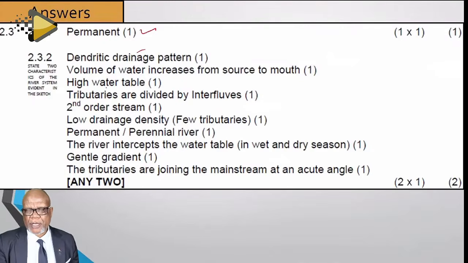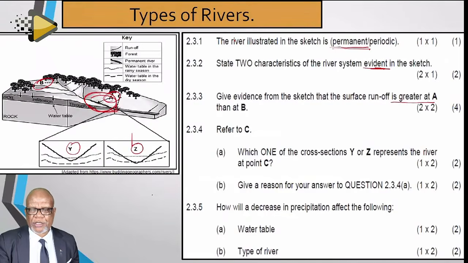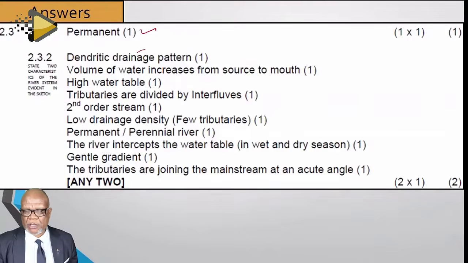What else? There is a high water table. Tributaries are divided by interflows, second order streams, low drainage density, permanent. So how do you tell low drainage density? You can see there are few streams there. The river is permanent.